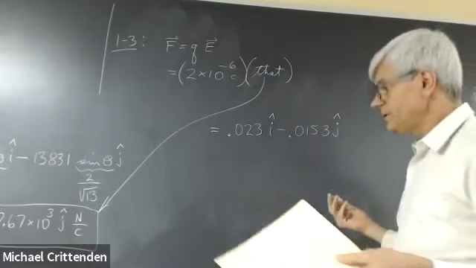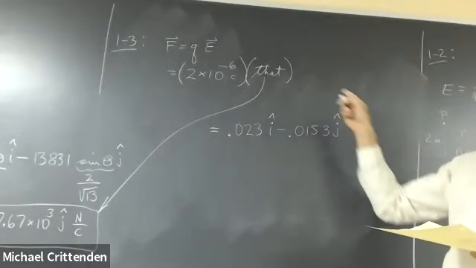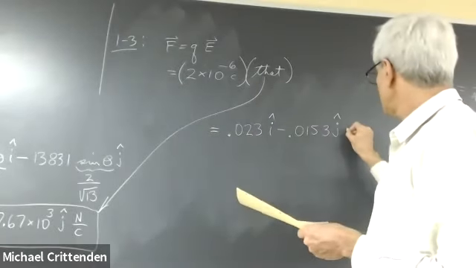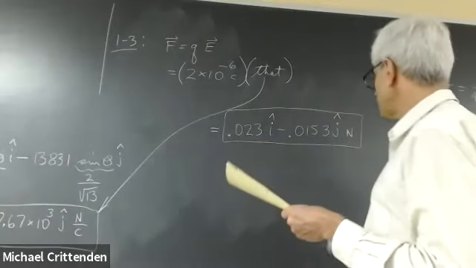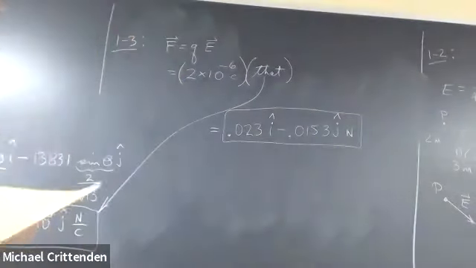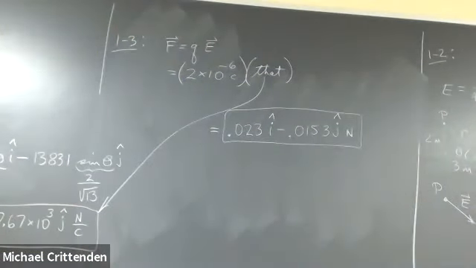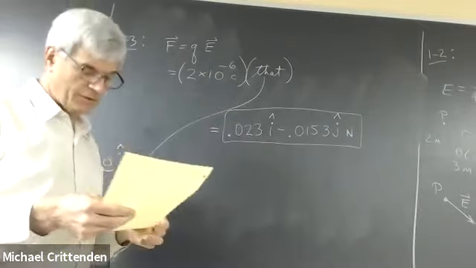As far as the units, newtons per coulomb times coulombs gives you newtons. Force comes out with the unit of force on it. So, cause and effect. One charge creates this field around itself. The other charge is placed in that field, and as a result, it feels this force.